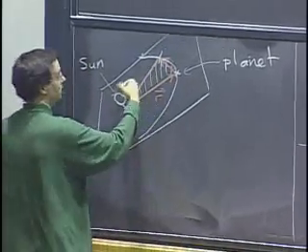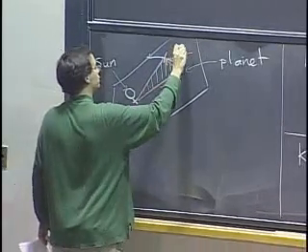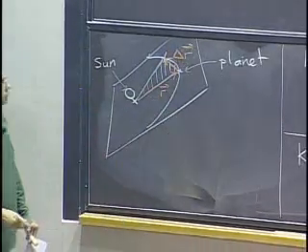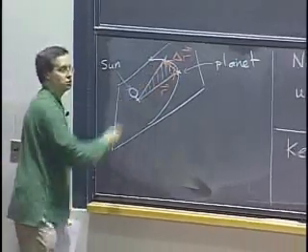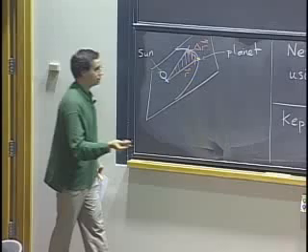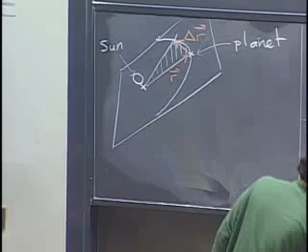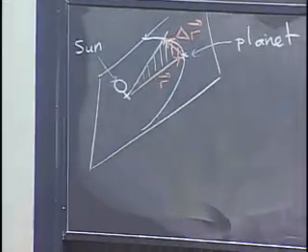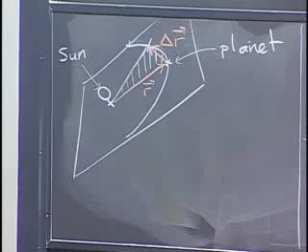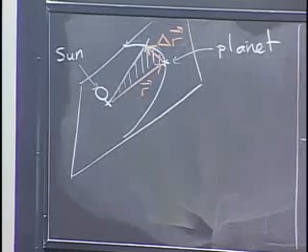So if we wait a certain amount of time, we'll have a vector delta r, which is the change in position vector over a certain interval of time. Okay. So let's start with the first step.